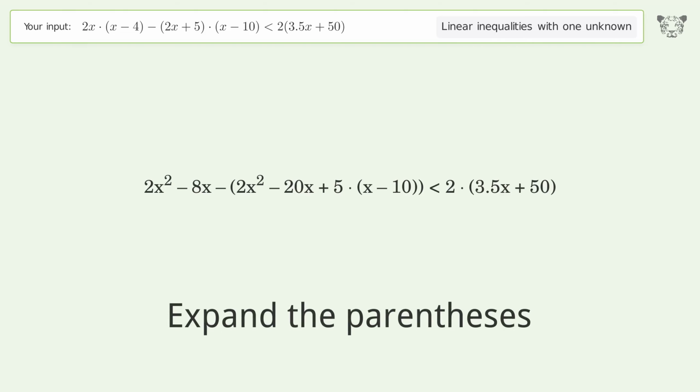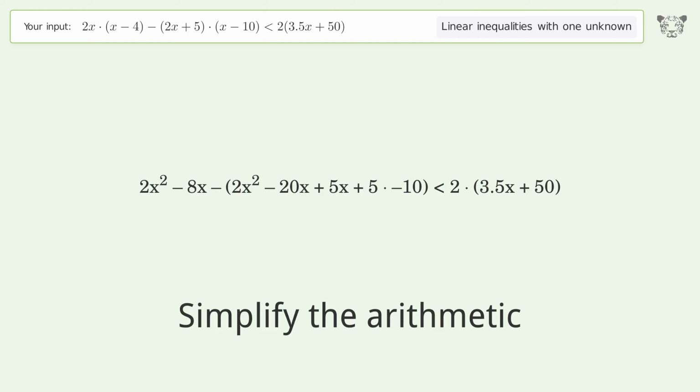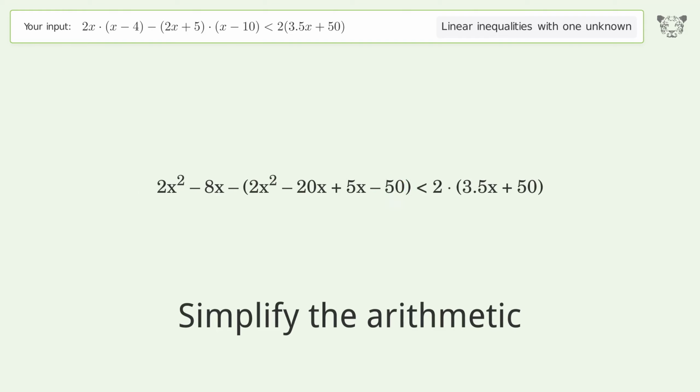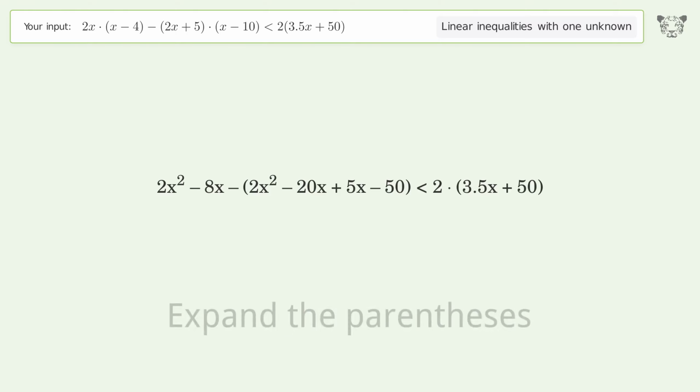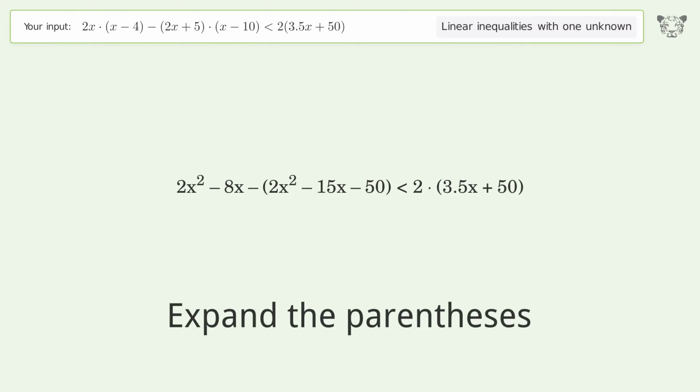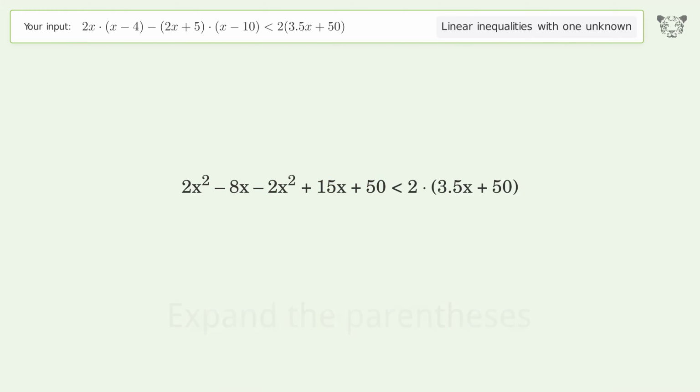Expand the parentheses. Simplify the arithmetic. Expand the parentheses. Group like terms.